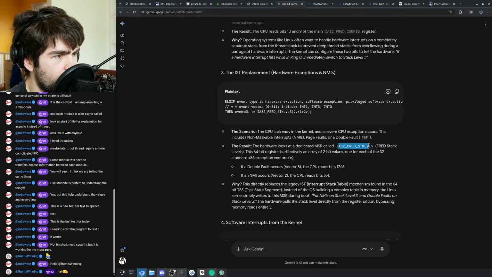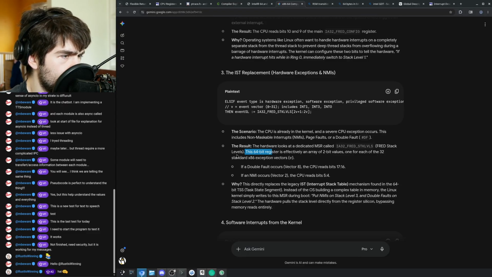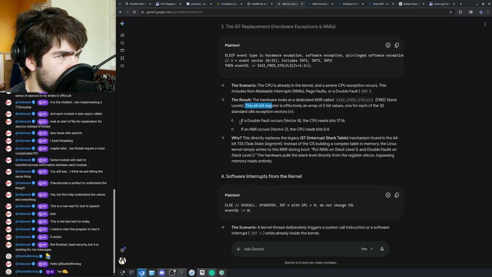Yeah, that's our array thingy. This is a 64-bit register, effectively an array of 2-bit values for each of the 32 standard x86 vectors. If a double fault occurs, the CPU will read this. If an NMI, okay, yeah, I got this. If an NMI occurs, vector 2, bits 5 to 4.